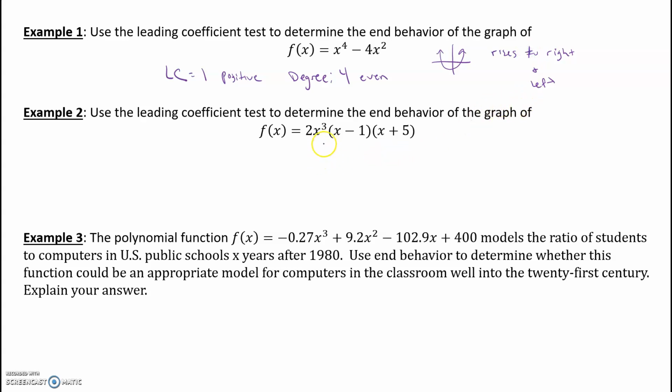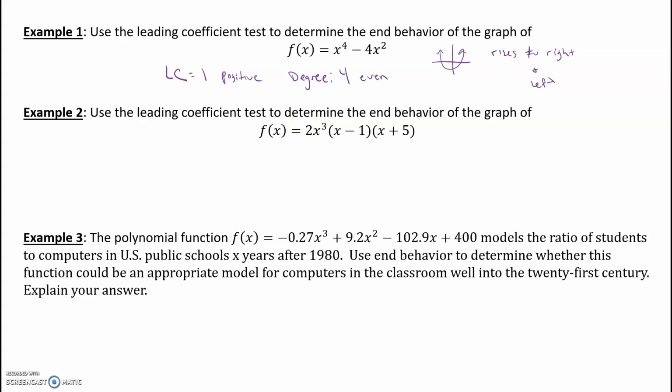Let's look at the next one. Now you might be looking at this and saying, ugh, I have to FOIL this all out. This looks terrible. But you really don't, because all you need is the leading coefficient. So even if you did this, x times x is x squared. That's going to be your highest one here. Times 2x cubed, you're going to wind up with a 2x to the fifth, right? 2x to the fifth out front.